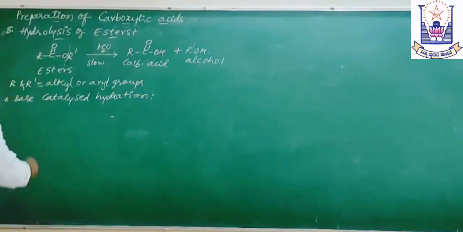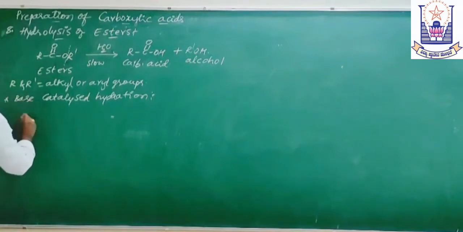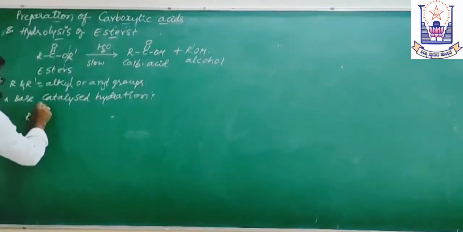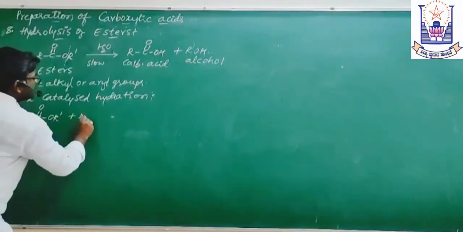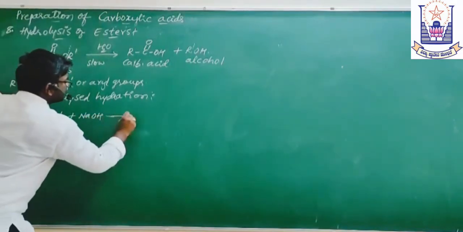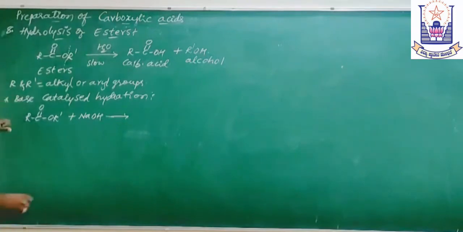How? Take R-C=O-OR dash and treat this with NaOH. This reaction will be fast.